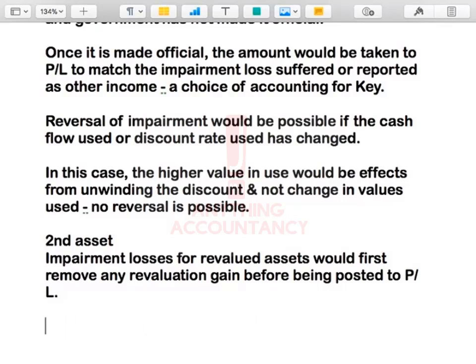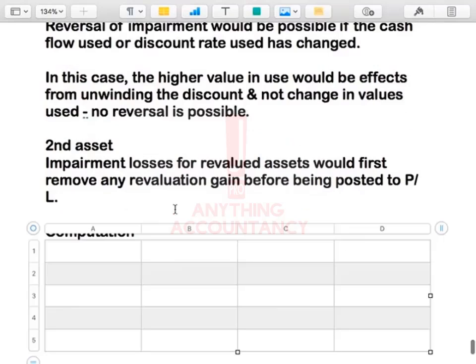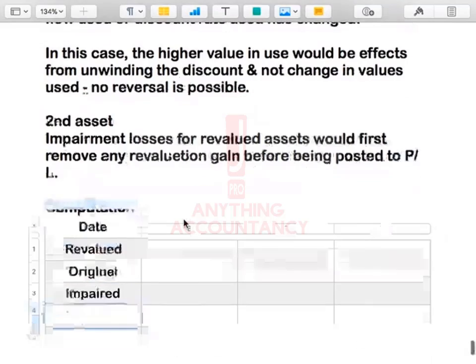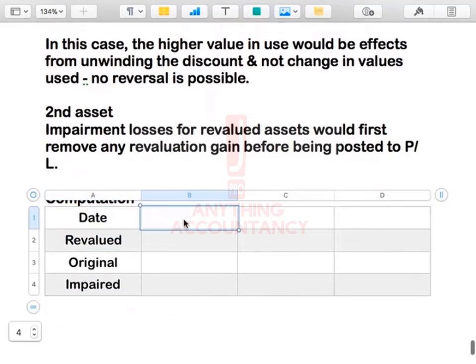Okay, let's calculate the amount. The way I calculate this is to set up the dates first. The dates up here. You got your revalued here. You got your original here. What are your dates?